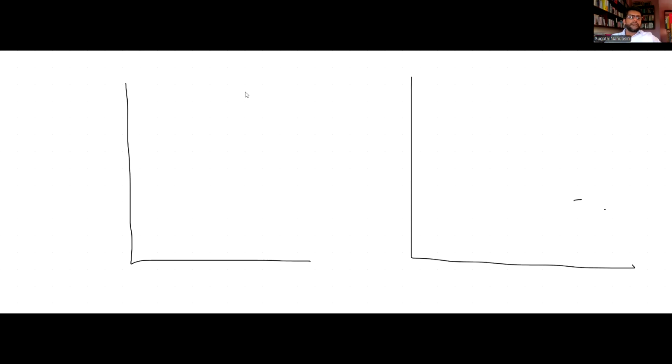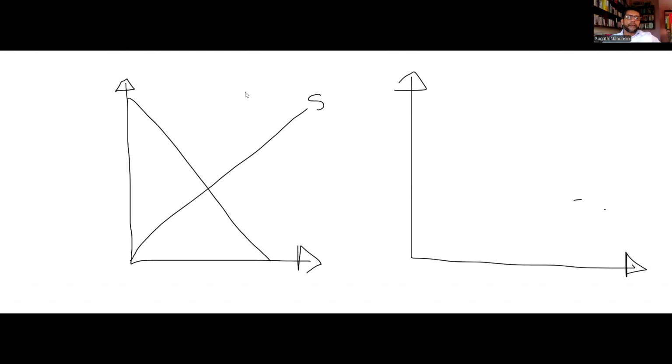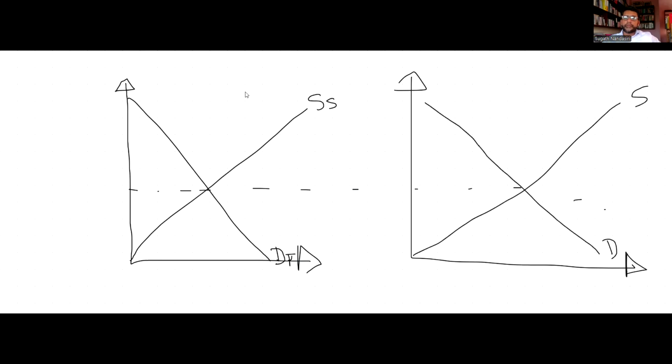Now look at this. You better draw these two curves with me. This is your supply curve for foreign currency, and demand curve. Supply, then demand. General situation.